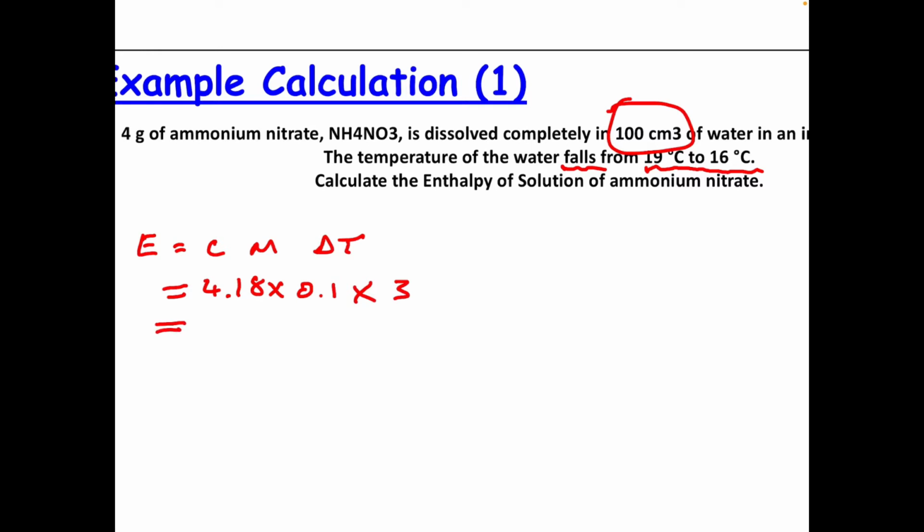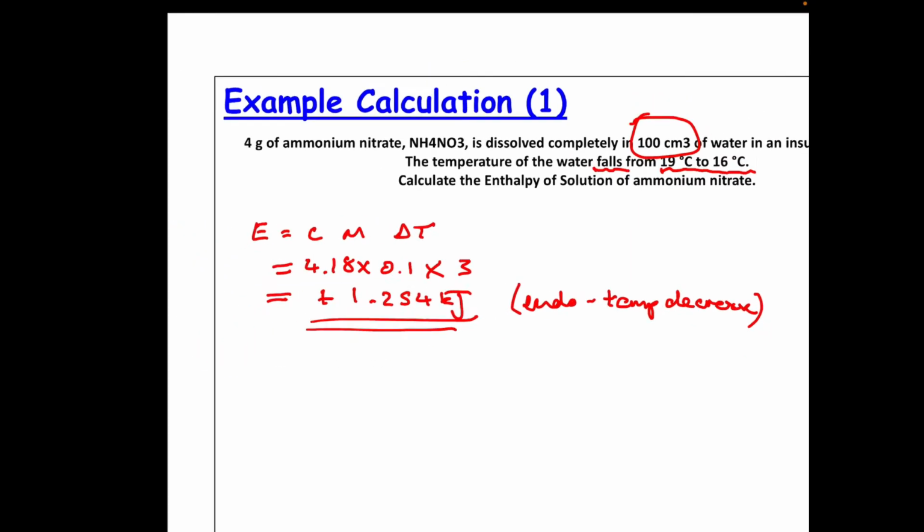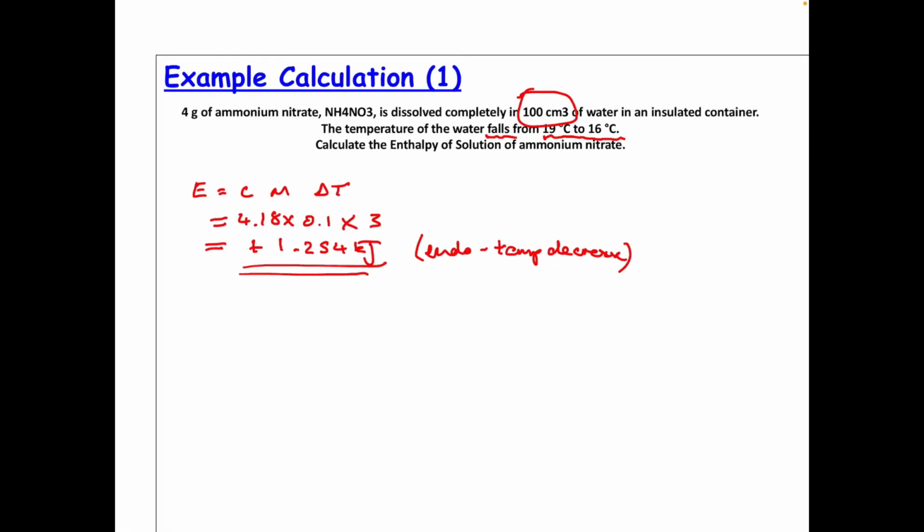So that should work out to be, put it in your calculator, plus, because it was endothermic, it was a temp decrease, 1.254 kilojoules. Remember it's endo because there's a temp decrease. And I think that's the first time you guys will have seen an endothermic calculation that I've done with you.